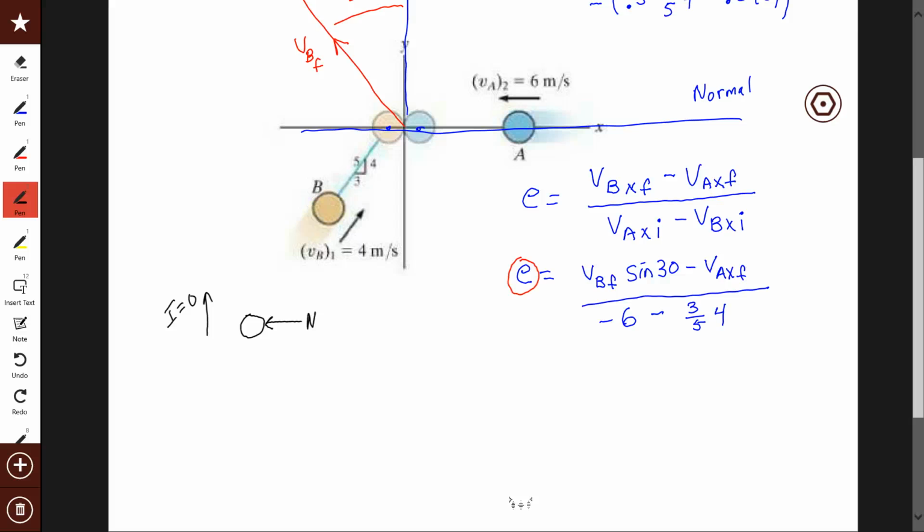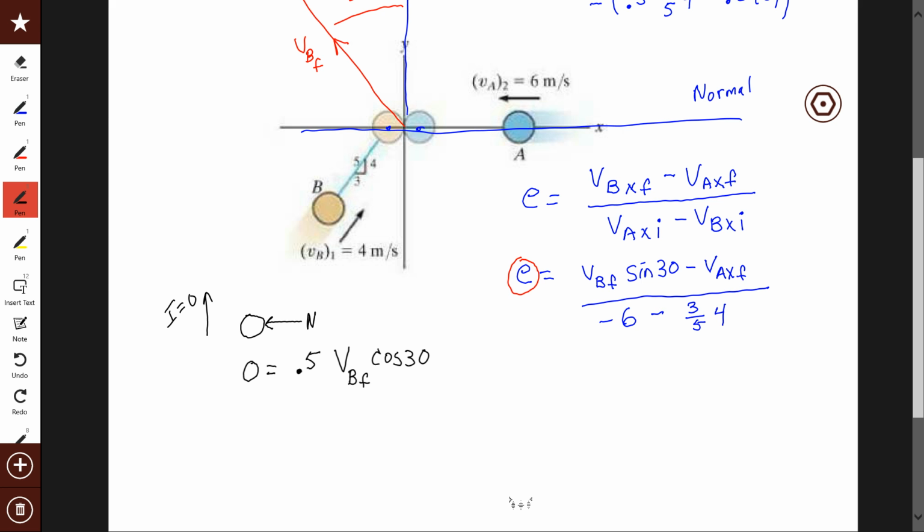So what you can do is you can say the impulse for body B, 0, is equal to final momentum in the y direction minus initial momentum in the y direction. So we'll say final momentum in the y direction, mass, and we're only looking at B now. The mass of B times the final velocity of B, that'd be VB final times the cosine of 30 degrees.